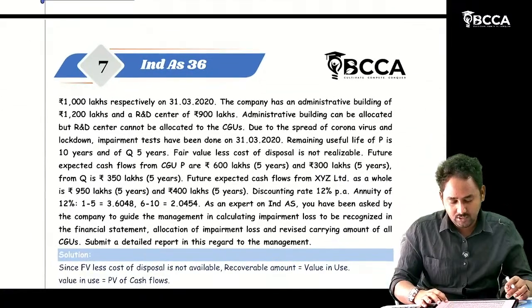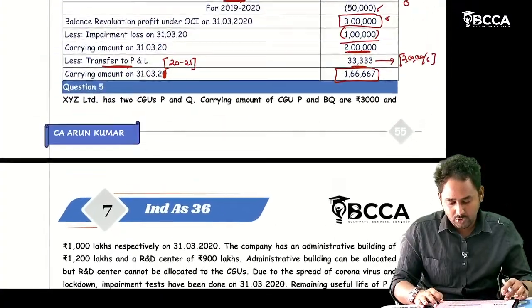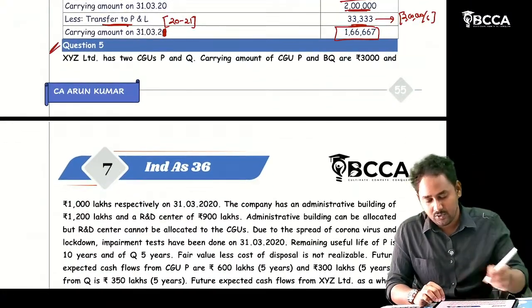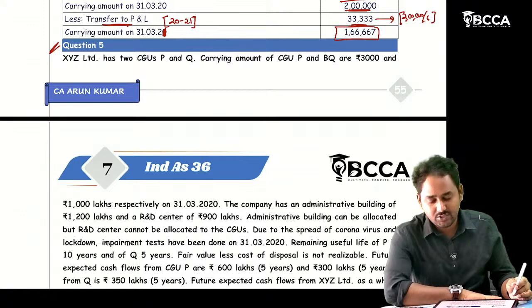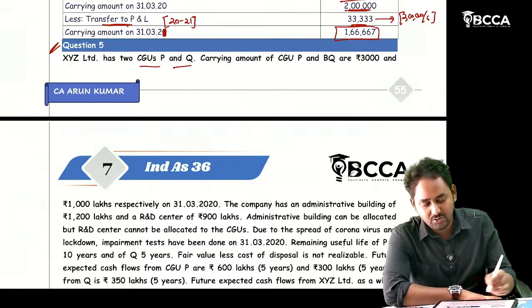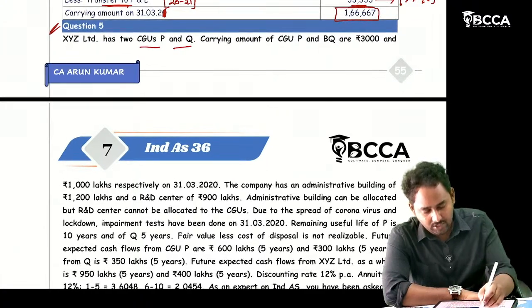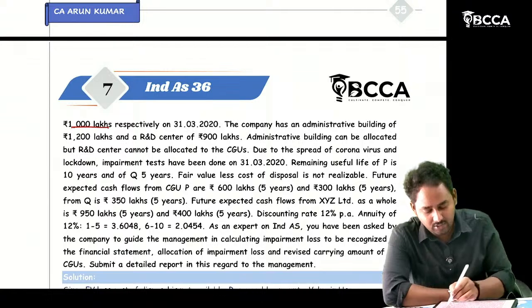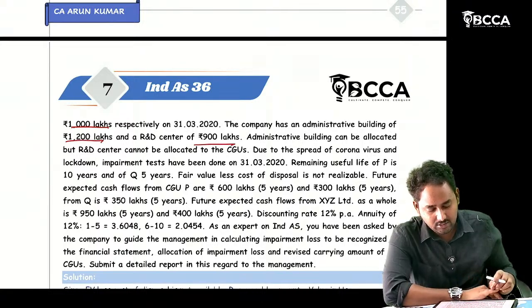Then let's see question number 5. Question number 5, there are two CGUs, CGU P and CGU Q. What are the carrying amounts? 3,000 and 1,000 respectively. The company has an administrative building of 1,200 lakhs and R&D of 900 lakhs.